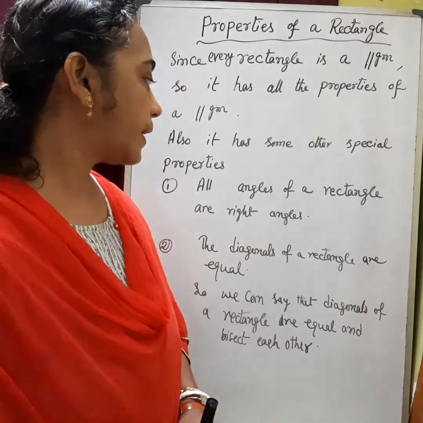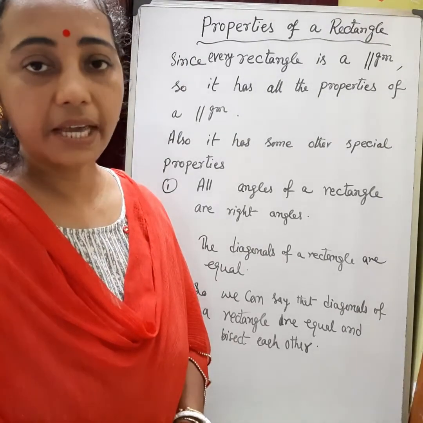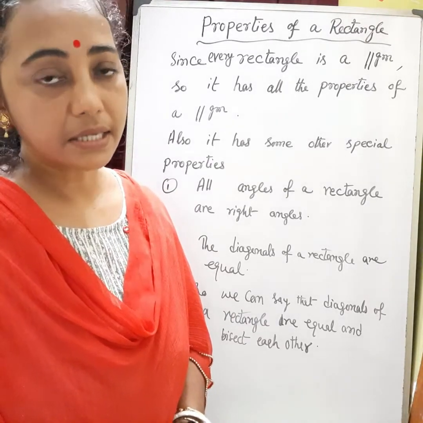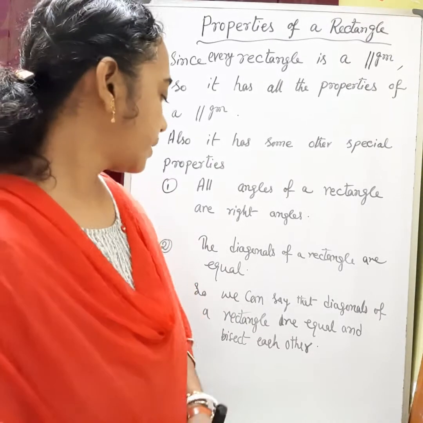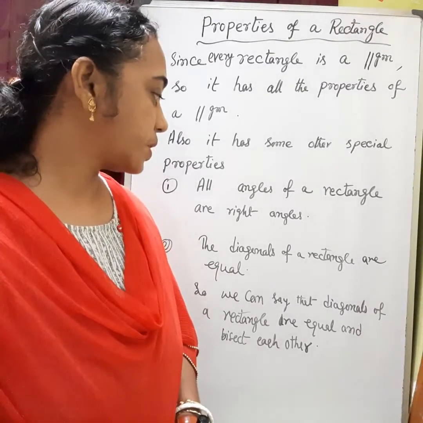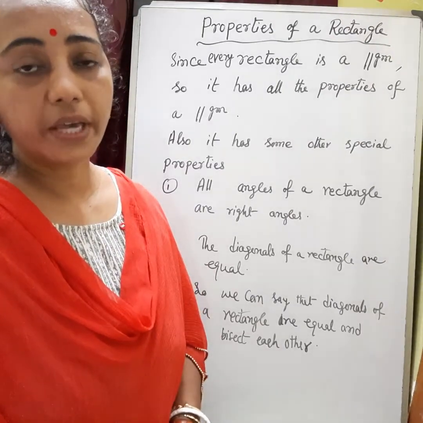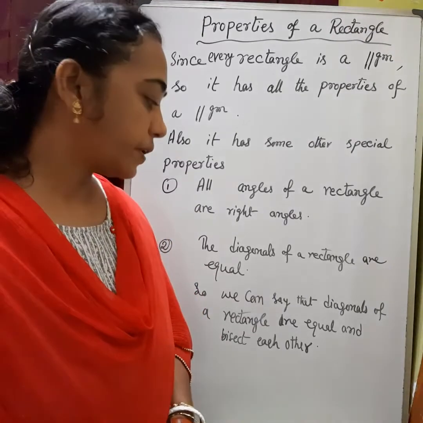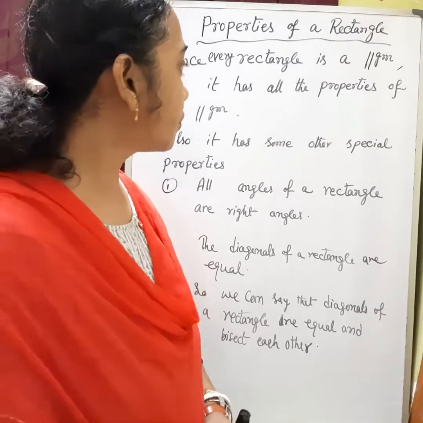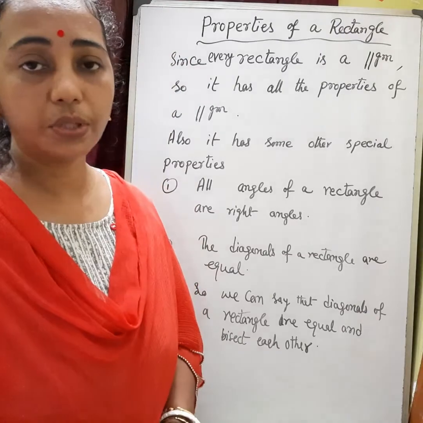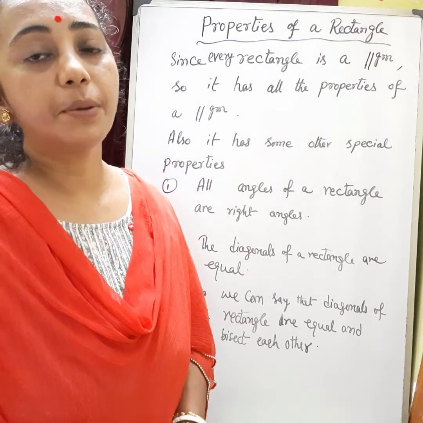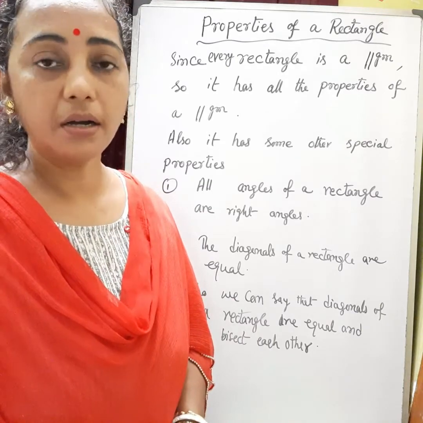That is, all angles of a rectangle are right angles, which means all angles of a rectangle are equal and equal to 90 degrees. And the diagonals of a rectangle are equal. So these are the two special properties of a rectangle. So we can say that the diagonals of a rectangle are equal and bisect each other. From these properties we can conclude that every rectangle is a parallelogram, but every parallelogram is not a rectangle.